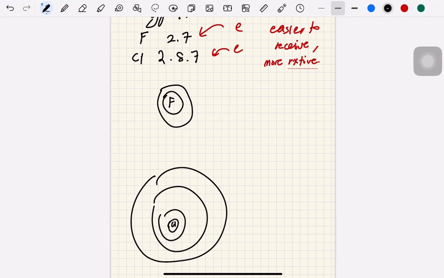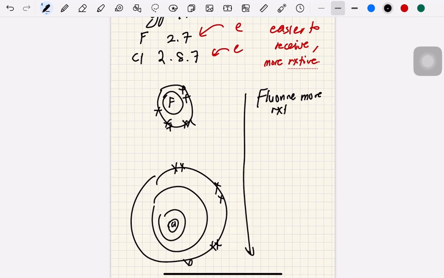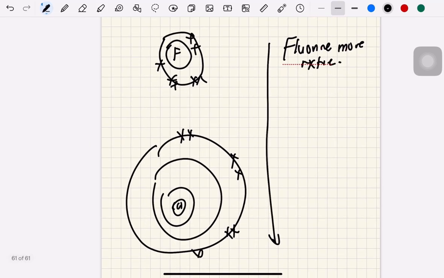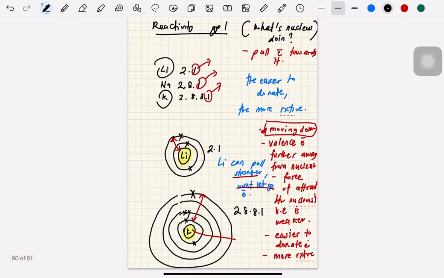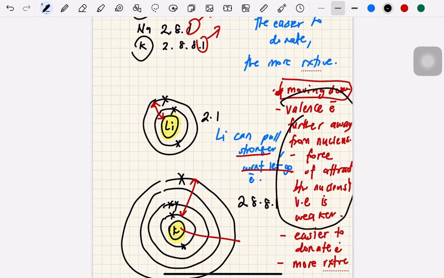So think, okay, let me draw the outermost shell electrons. Okay, you can pause this video and you can guess. Okay, alright. So the answer is fluorine is more reactive. Why? Going down the group, moving down the group, we use what we said earlier: valence electron further away from nucleus.